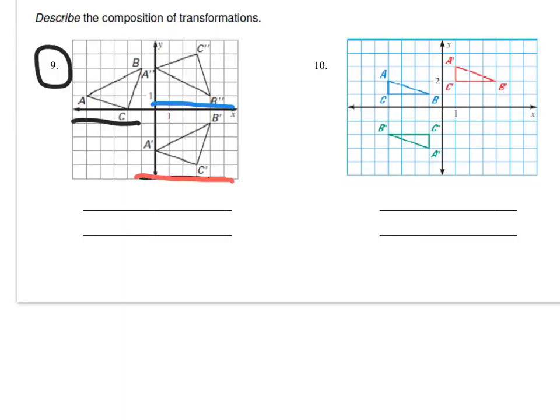Now, the orientation of the triangle of our red figure has not changed. It's still facing the same way that our original figure was. So that makes me think that this is going to be a translation. And it looks like to get from A to A prime, we had to go to the right 4 units and down 1, 2, 3, 4 units. So this is a translation, and specifically it's a translation of 4 right and 4 down.